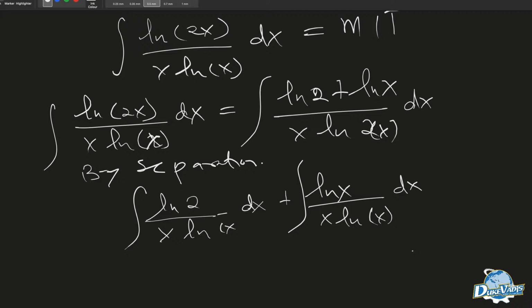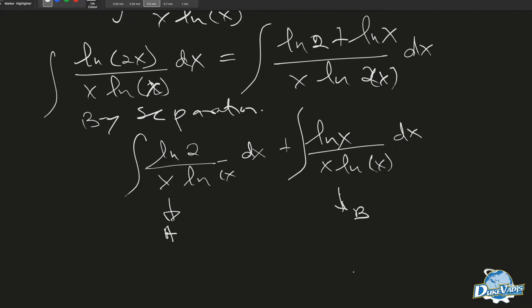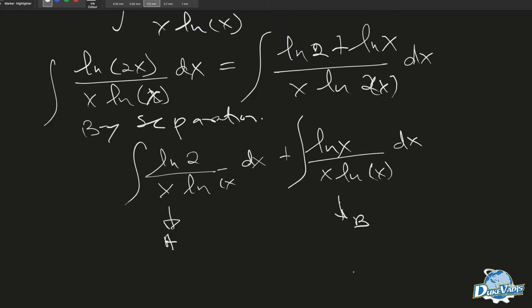Let's say this one is A and this one is B. So we have been able to break the integration into two. When we observe the integration very well, we can see that we have the same denominator, because we have expanded and split it into two.